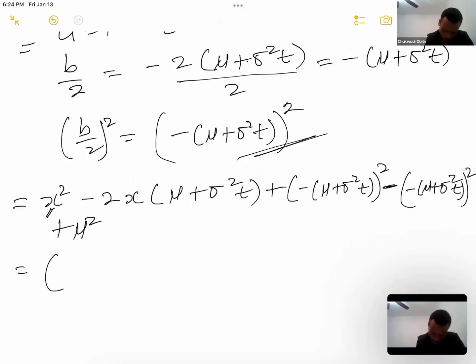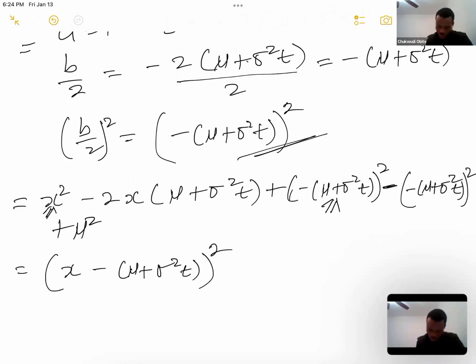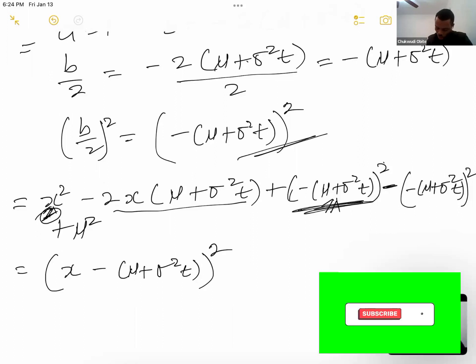You pick this without the square. You pick everything here without the square, including its sign, all raised to power 2. So that's how it is. You ignore this. You pick this without the square, and everything will be all square.